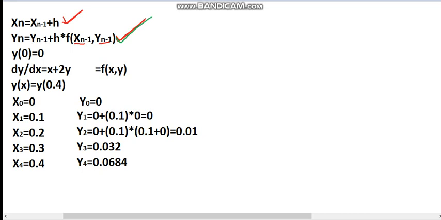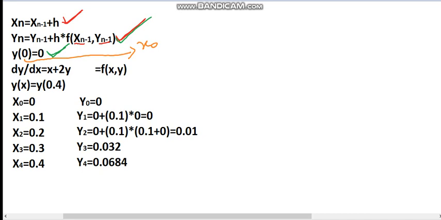For example, suppose you are given the initial condition y of 0 equal to 0, which means the initial value of y is 0, and the initial value of x is also 0, because what is given in this bracket is your x0, the initial x value. So your x0 is 0 and your y0 is also 0.